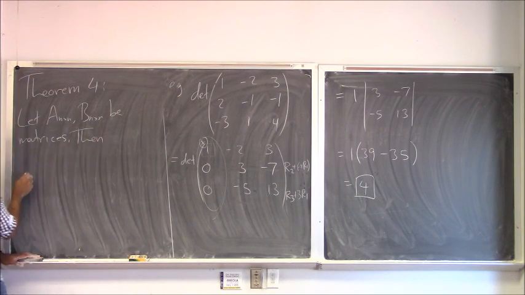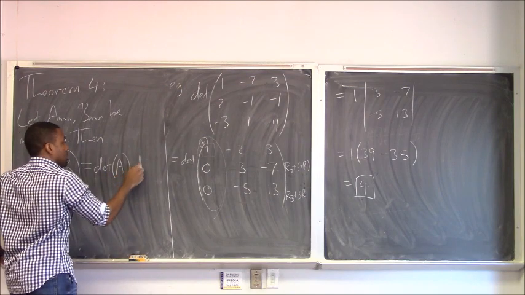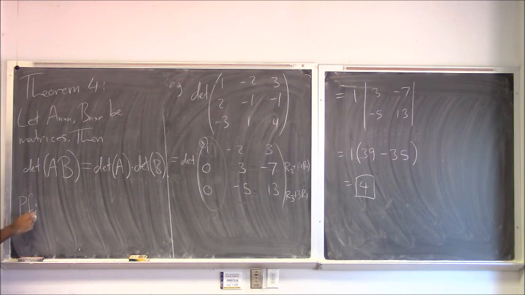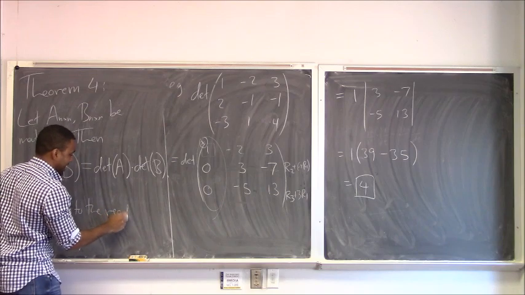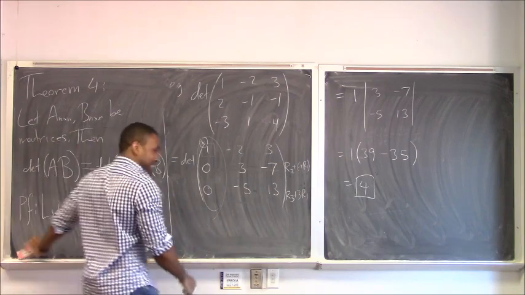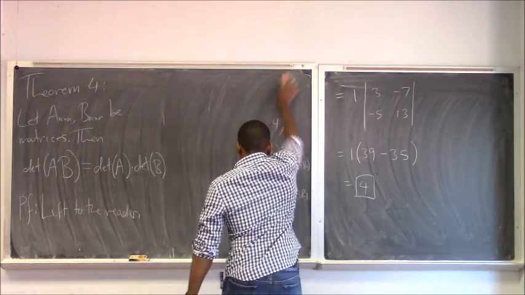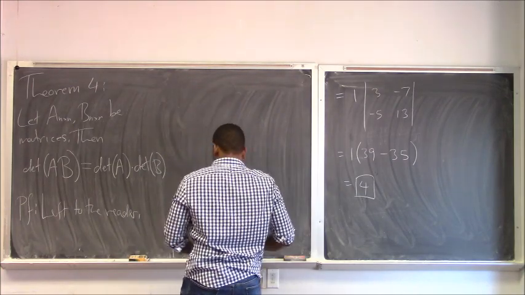Then it turns out that the determinant of A times B, determinants actually distribute across products, which is pretty cool. That's the determinant of A times the determinant of B. Proof. Left to the reader. Have fun. Here, there's a nice corollary from that though, which I want to get to. And we'll use this to prove some other things when we get to inverses.